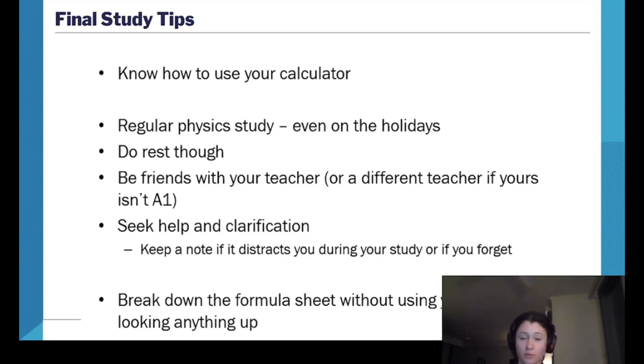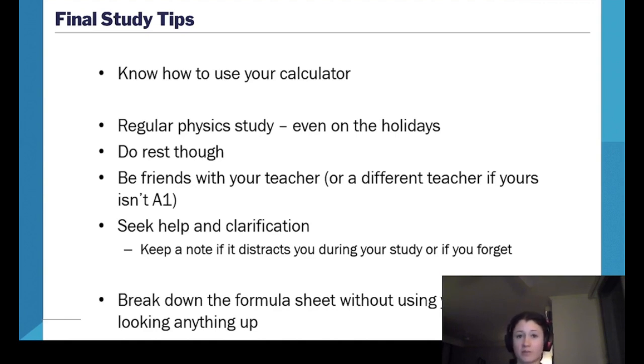It's really difficult to understand the concepts and to feel motivated to study at all. So if your teacher doesn't really gel with you, try to find a different teacher to be friends with, even if it's just somebody who knows a lot about physics, maybe your grandparent or a family friend or something like that.